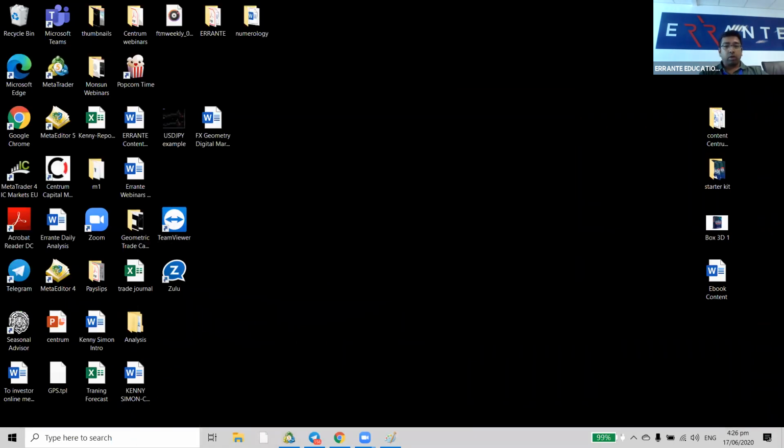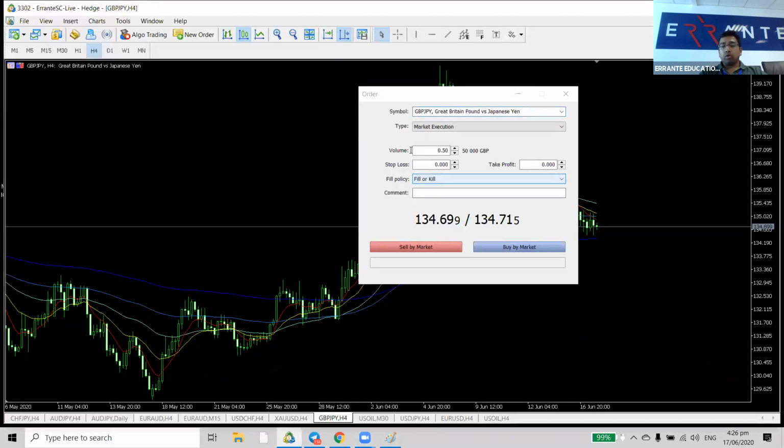Okay, very good. Lot sizes, I'll make it really simple for you guys, in the most practical manner. Here, for example, you've got lot sizes in the MT5 Errante's platform. You have it as 0.50, and you've got the word volume in there.